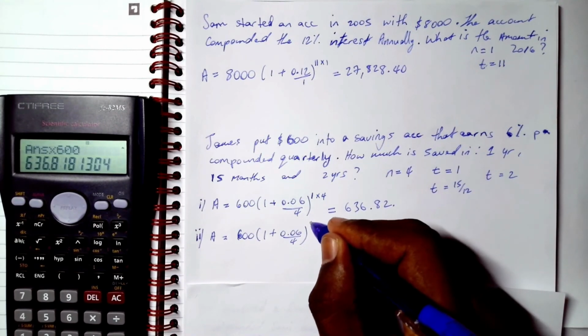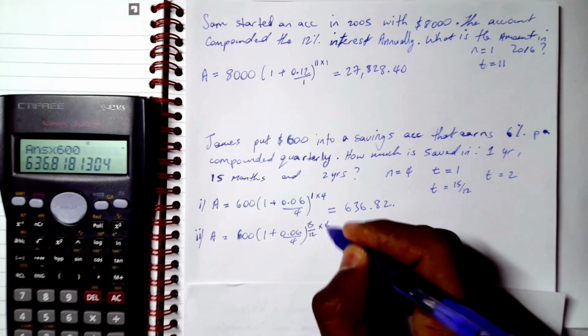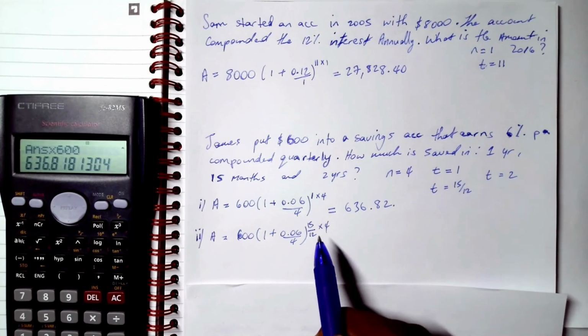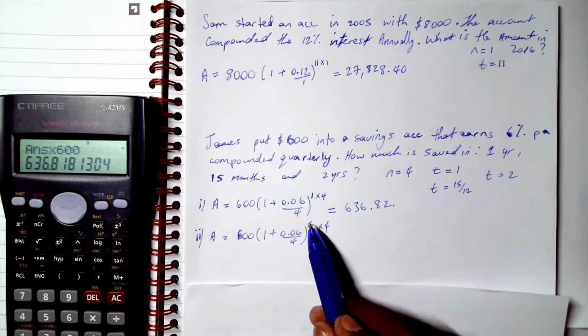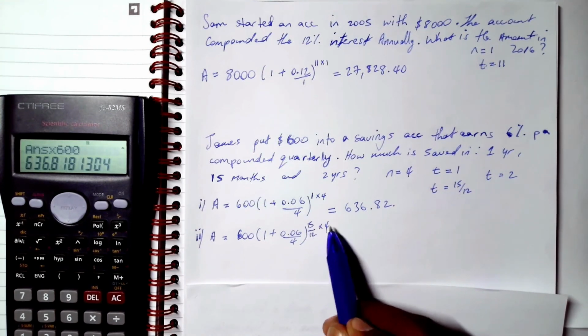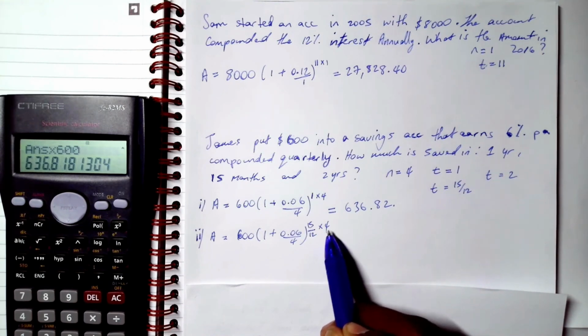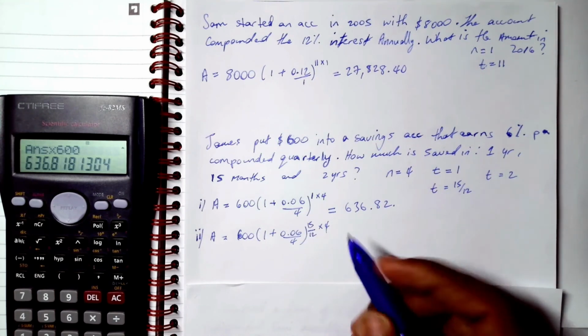It's going to be 15 over 12 times 4. And this is simplified to 5. 15 divided by 12 times 4. 4 into itself goes 1 time. 4 into 12 goes 3 times. So that cancels that.